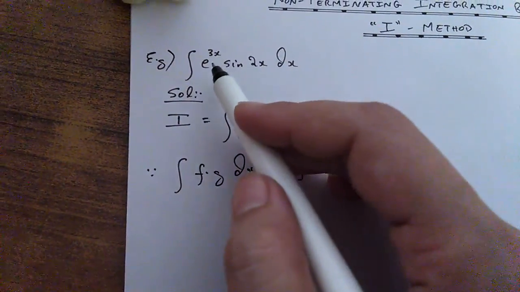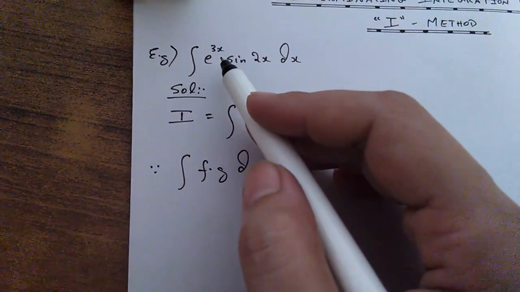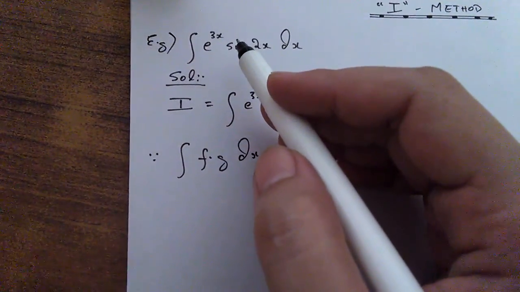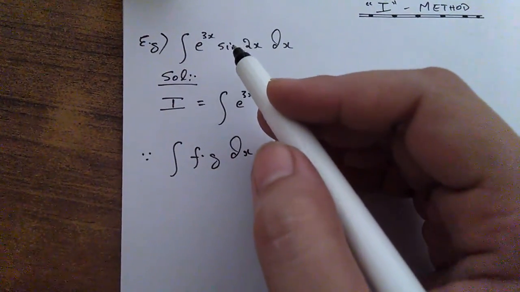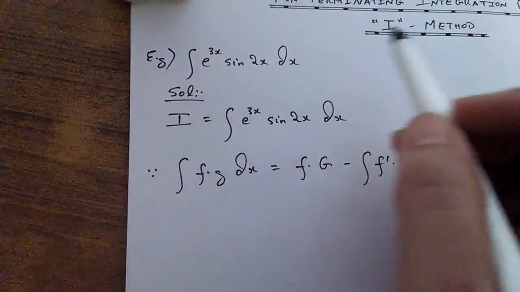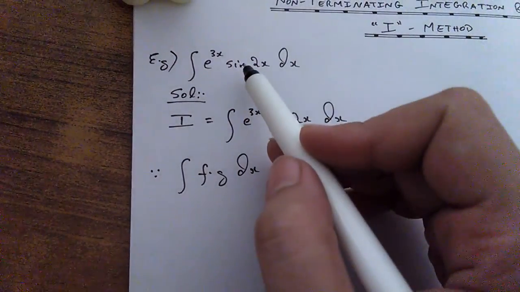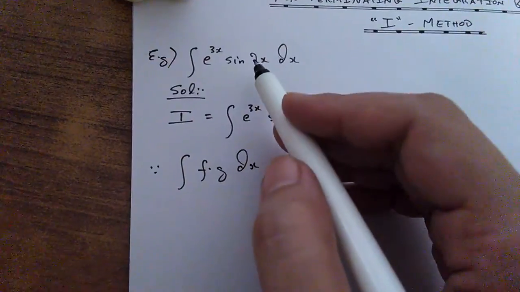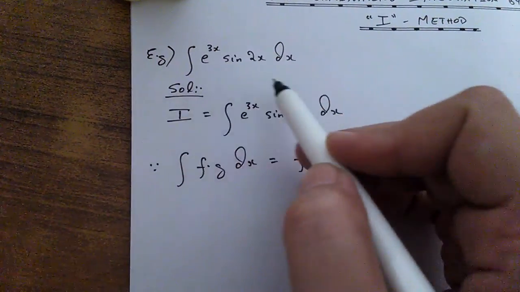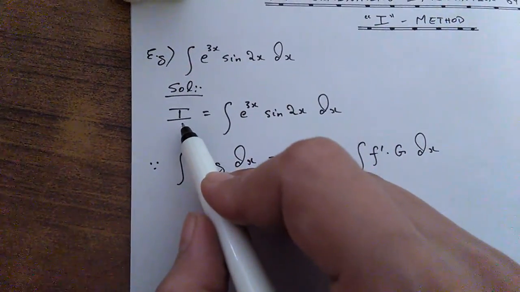Therefore, once you perform by parts, it is going to be non-terminating. Here we apply our I method, and for that purpose I name this entire integral as my I.